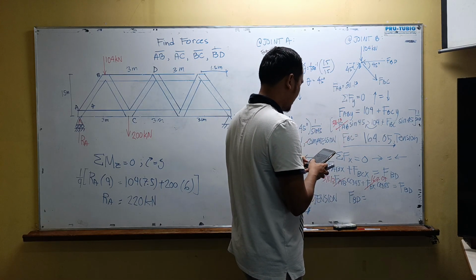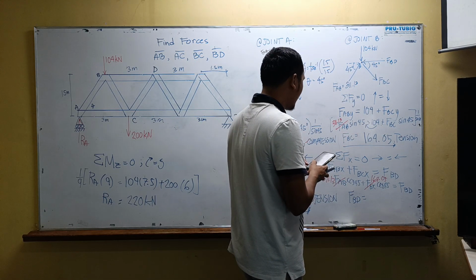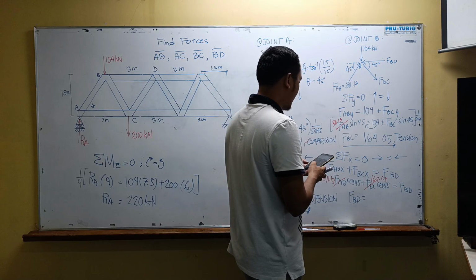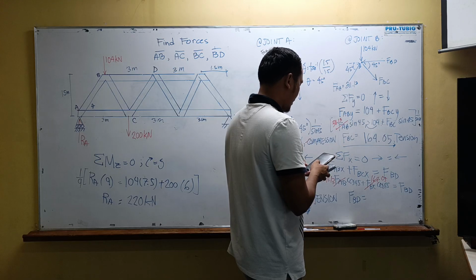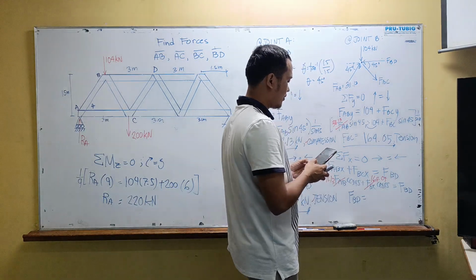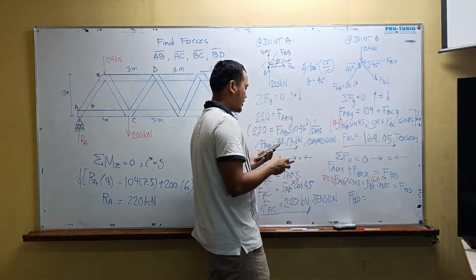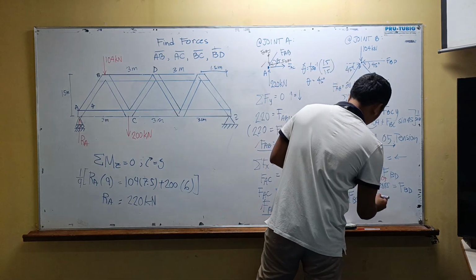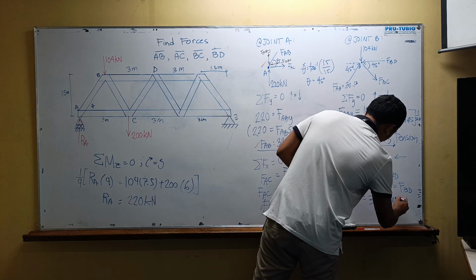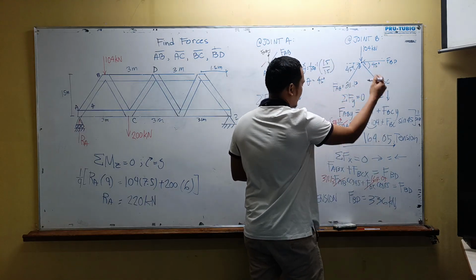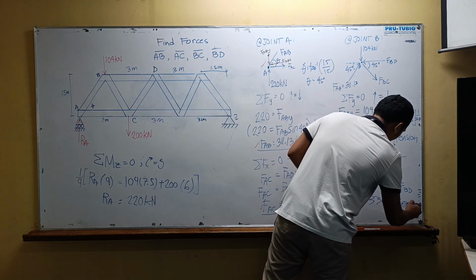So that is 311.30 cosine 45 plus 164.05 cosine 45. We will get 336 kilonewtons, and that is FBD, compression.